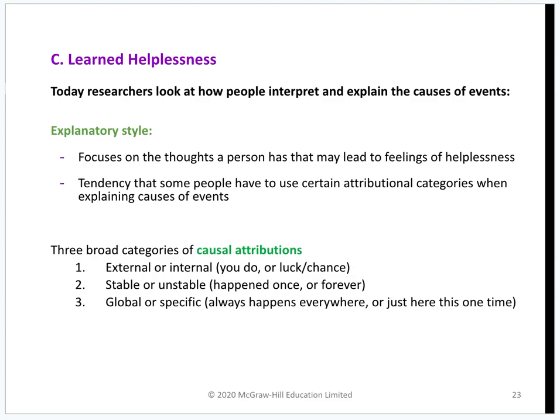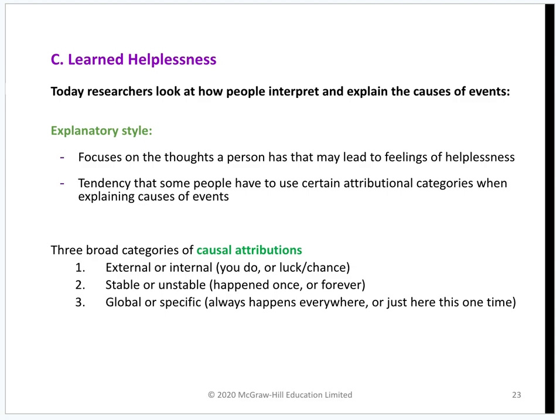When you're making up a reason or excuse for why something happened or is happening, there are going to be 3 parts. There's external or internal. Is it because of what I did, or the universe did it to me? Is it stable or unstable?